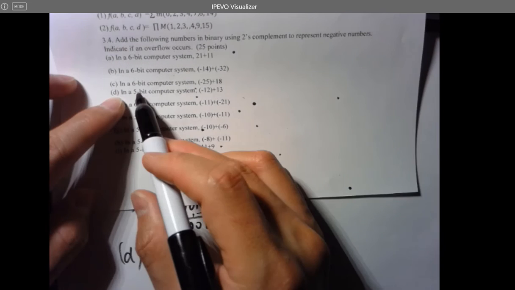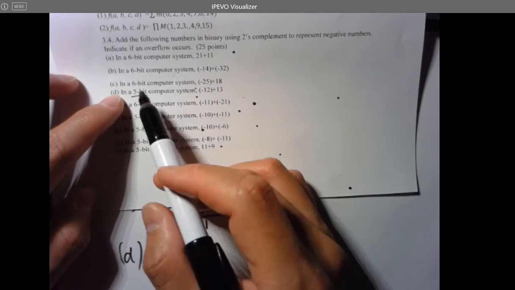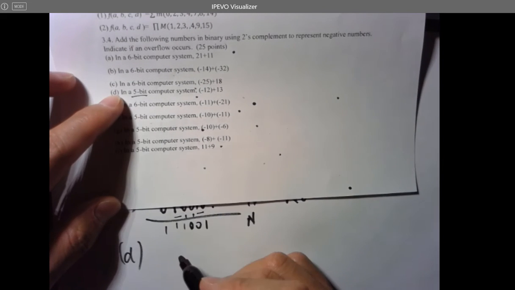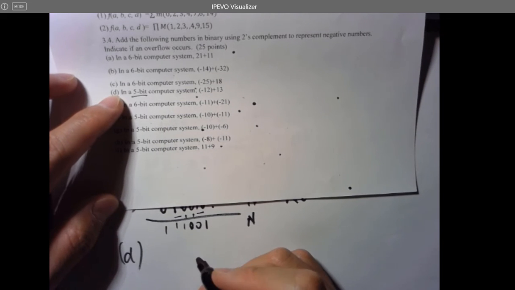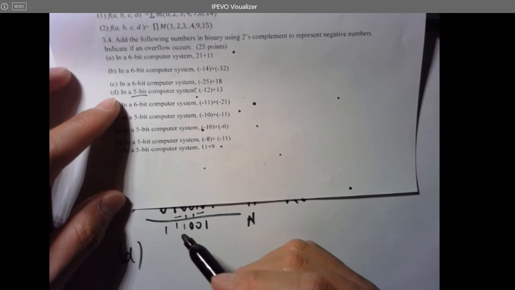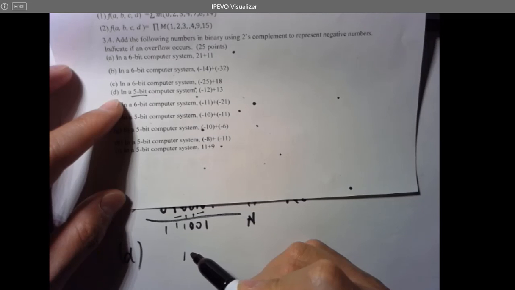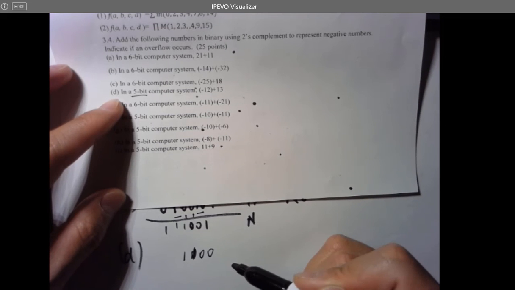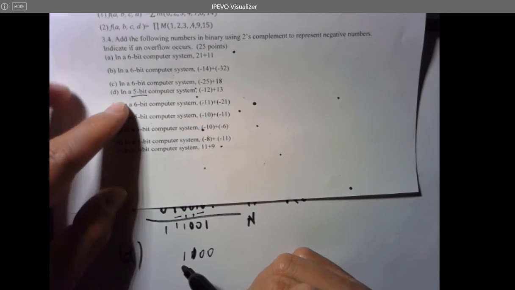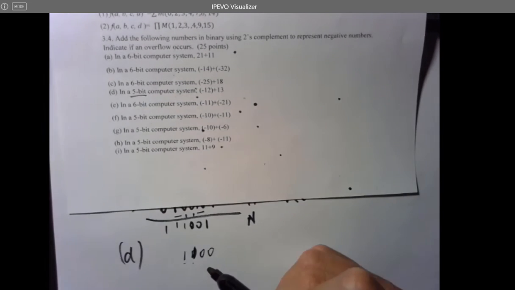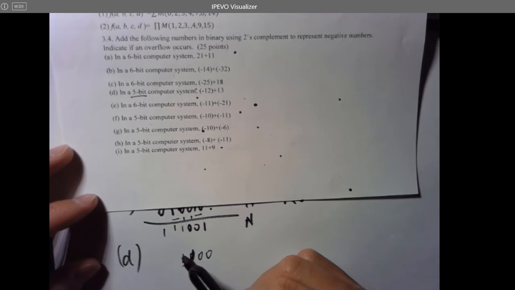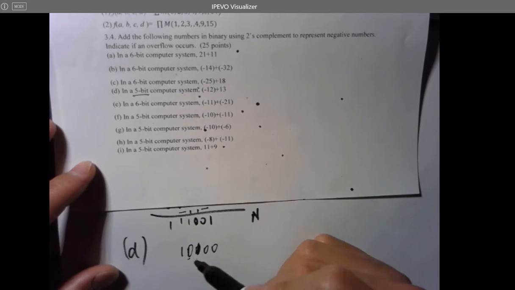D, 5-bit. Be careful, it's a 5-bit computer system, minus 12 plus minus 13. So what is minus 12? Minus 12, you need a minus 16 first, and you need a plus 4, right? Minus 16 plus 4.